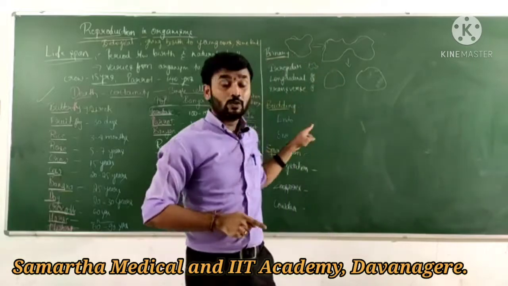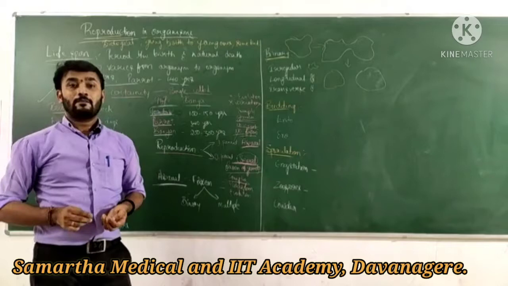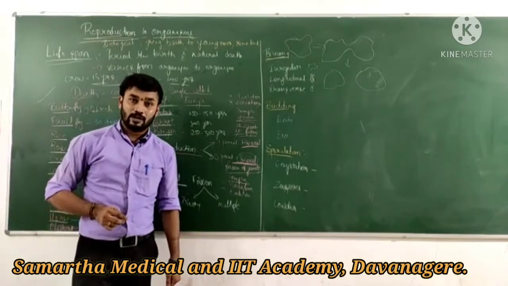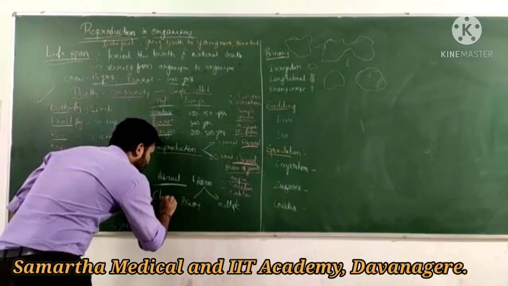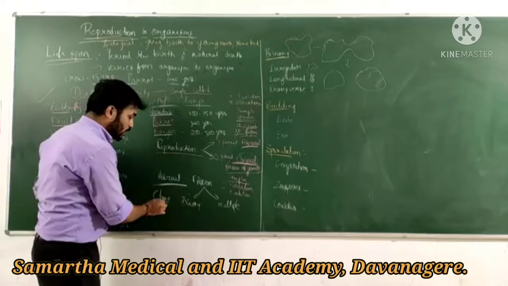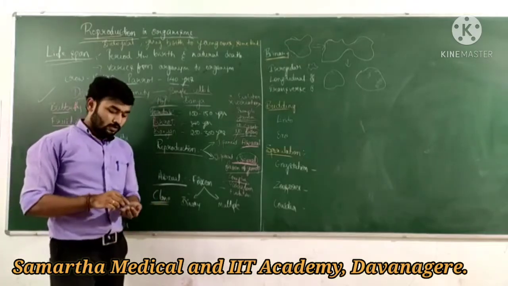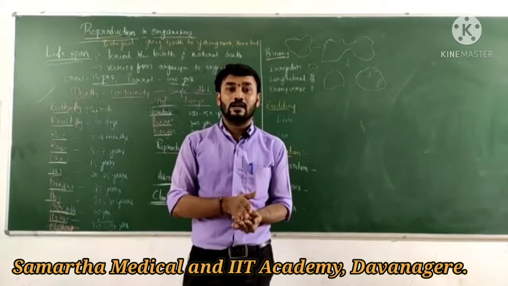But in the asexual method, we will see only the same kind of animal or same kind of progeny. Hence, the progenies formed in the asexual method of reproduction are also known as clones. You know that clone refers to exact replicas. What is that exact replica?